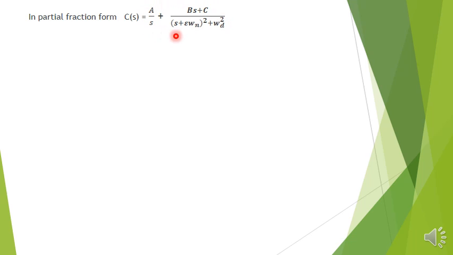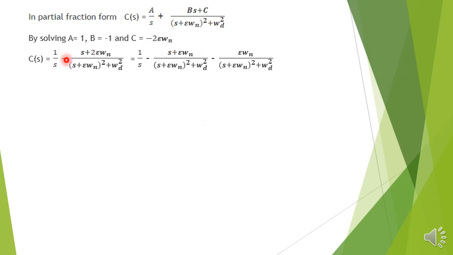If we simplify this and find the partial fraction coefficients A, B and C, we get A equal to 1, B equal to minus 1 and C equal to minus 2 zeta omega n. You can find the partial fraction coefficients by any one of the methods, so you will get these as answers.